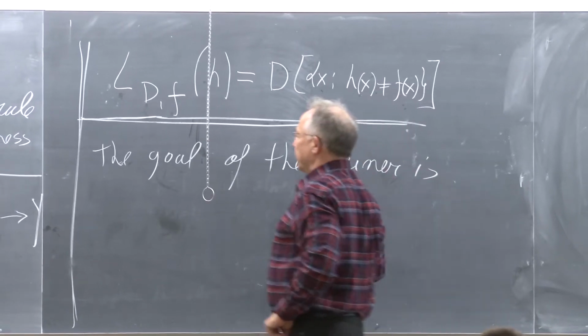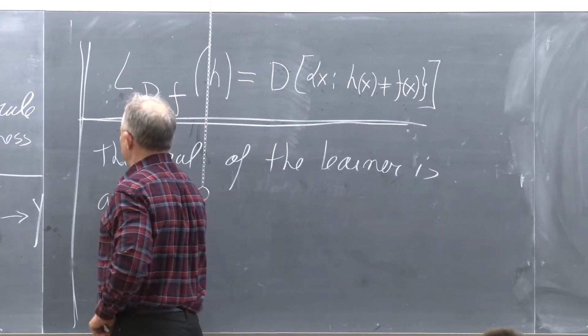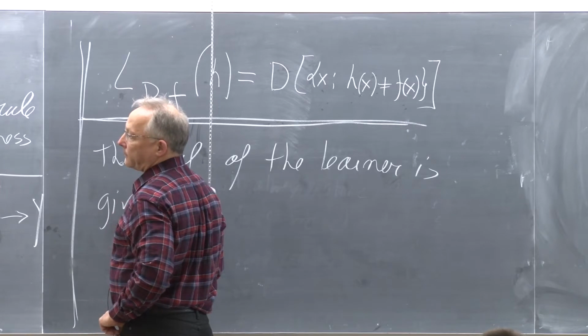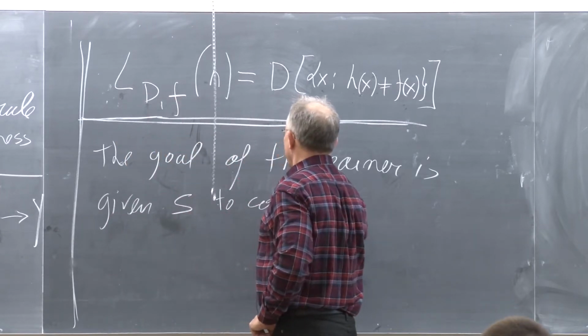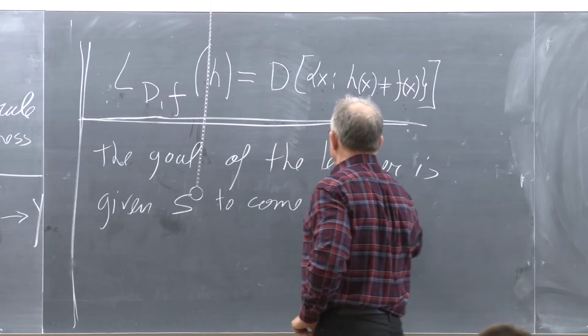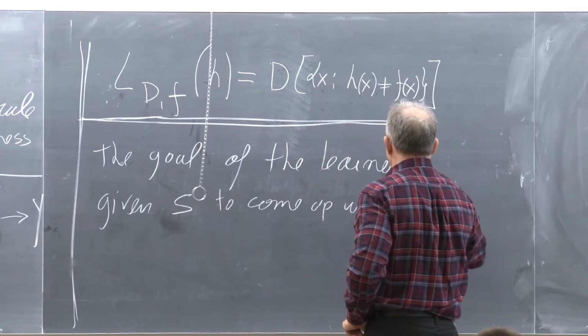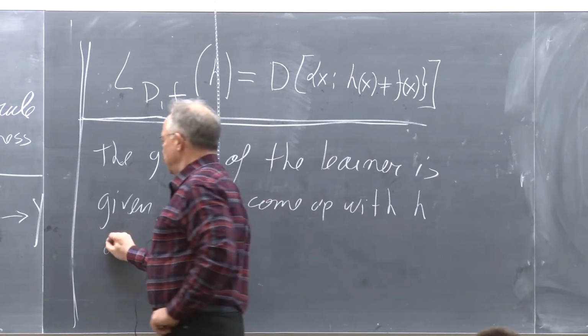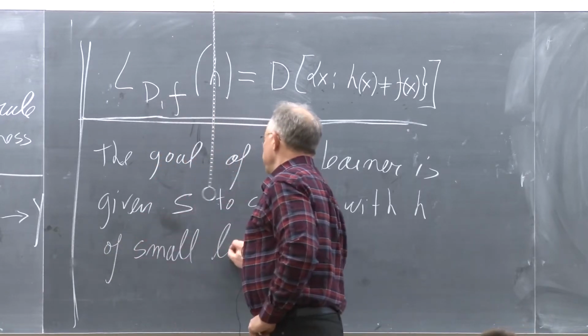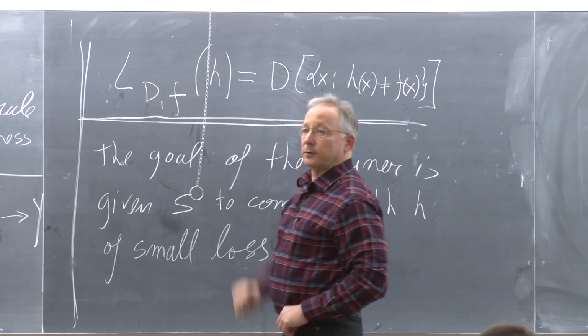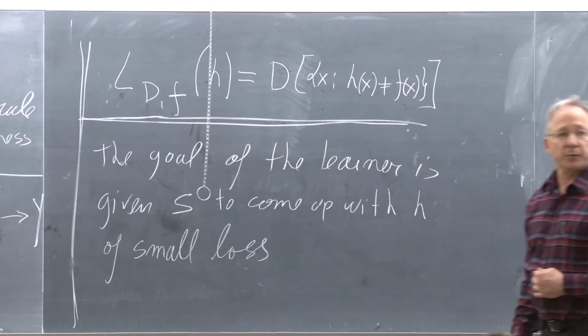Given S, to come up with H of small loss. Right? That's the loss of H. That's what the learner is trying to do.